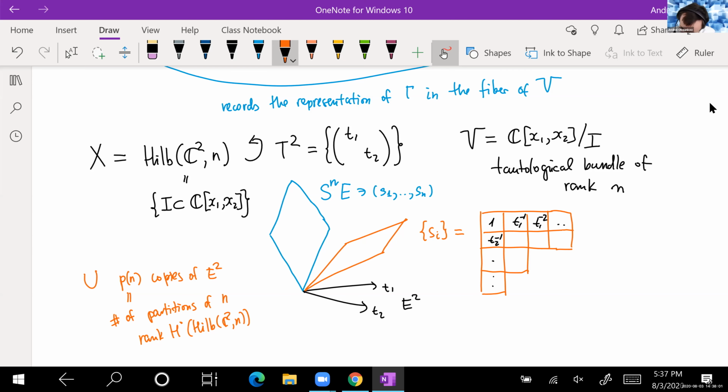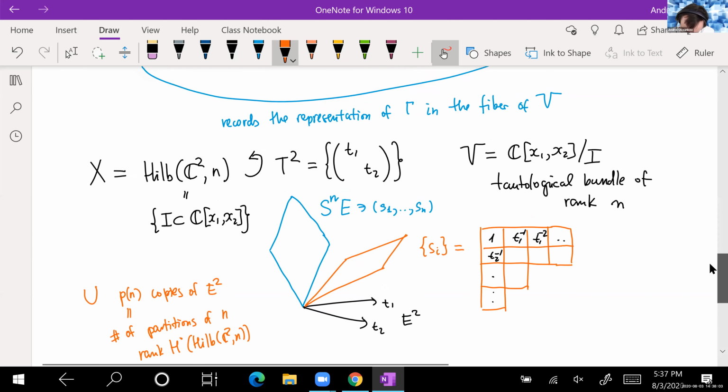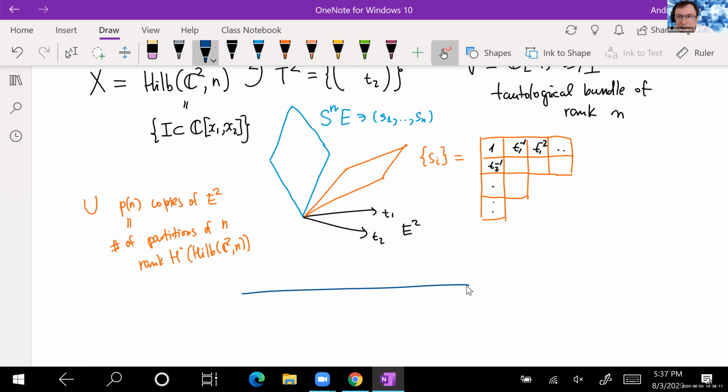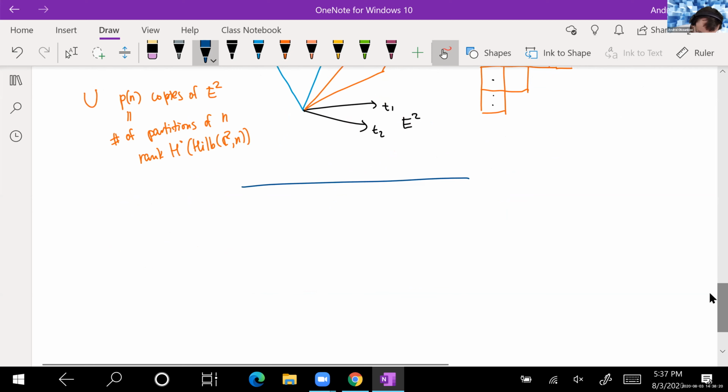All right. So good. At least to recap, this was supposed to be the answer to question 1, which is what is elliptic cohomology? Now the question number 2 is what is an elliptic cohomology class?